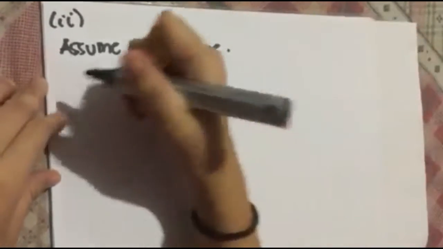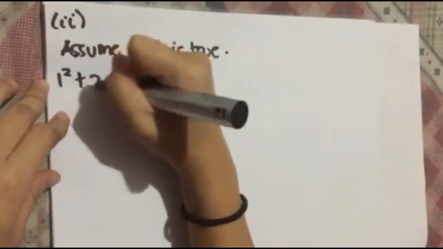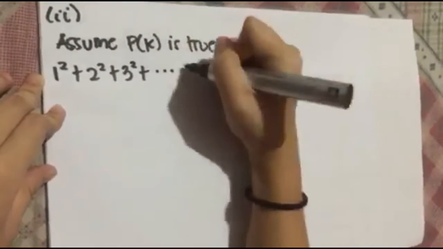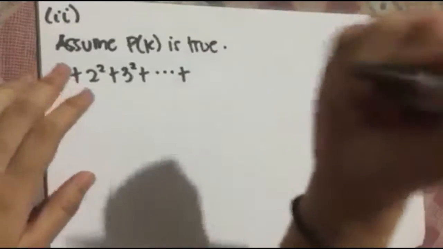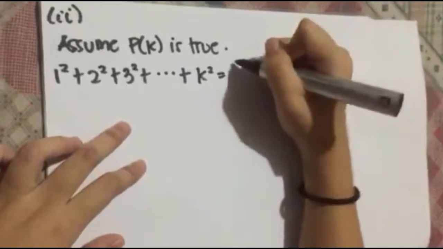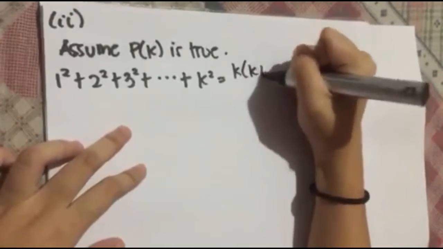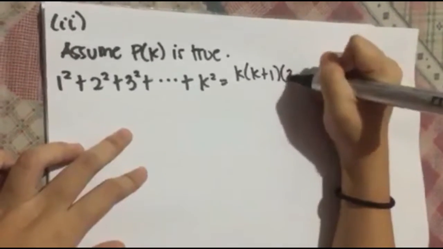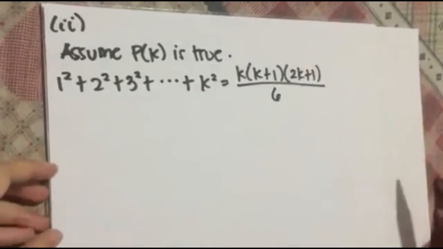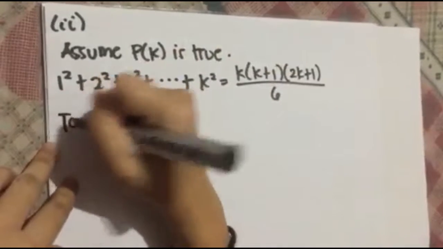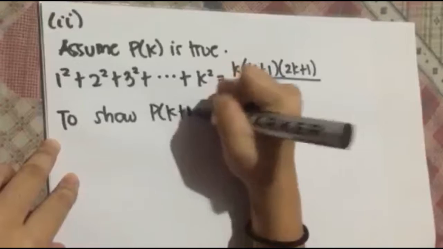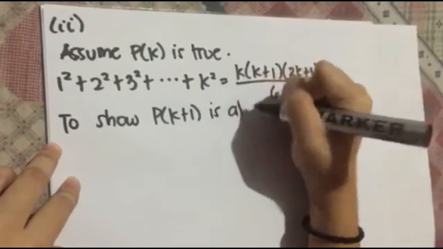Copy the equation 1 squared plus 2 squared plus 3 squared plus dot dot dot plus, and substitute n by k, so it becomes k squared is equal to k times k plus 1 times 2k plus 1 over 6. Then the next step is to show that P of k plus 1 is also true.